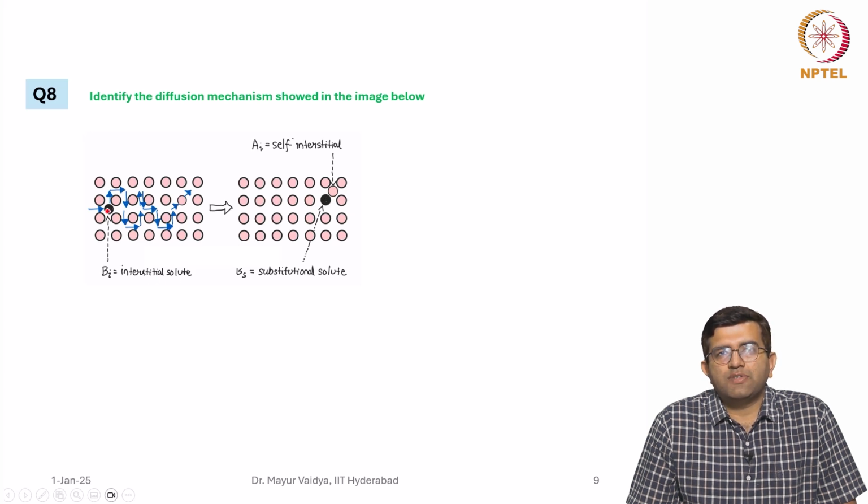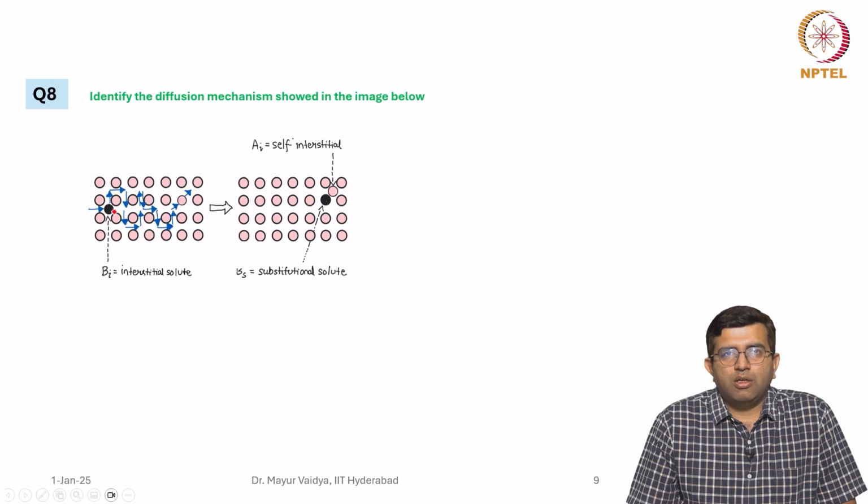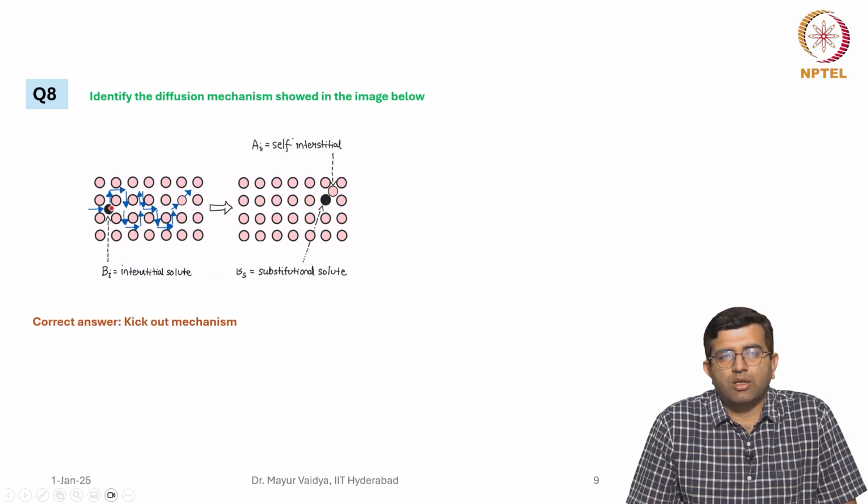Right now it behaves as an interstitial solute when it is in this position. Here it behaves as a substitutional solute when it is in this position. So, basically this can occupy both interstitial as well as substitutional sites. Therefore, this is an interstitial-substitutional mechanism, and out of that it is what is known as the kick-out mechanism, where it is basically kicking out one atom from the matrix to its own interstitial.